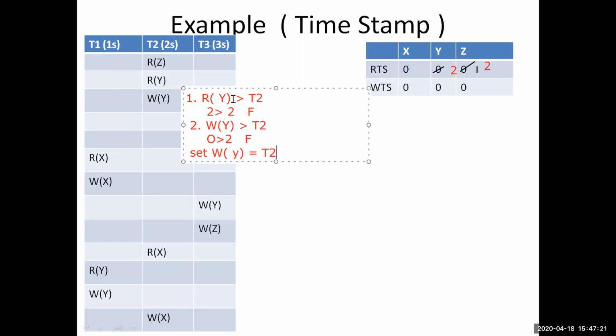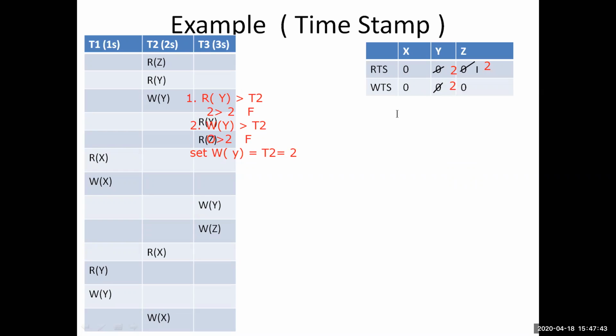That means my write timestamp of Y, which was initially 0, now gets set to 2. Likewise, we have to proceed for each operation.